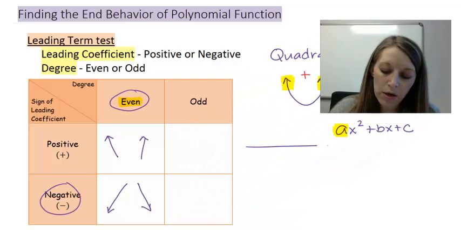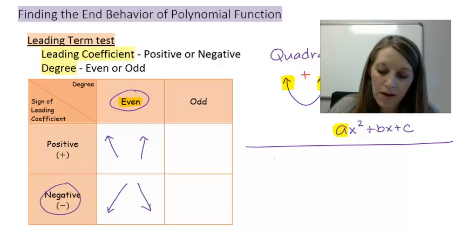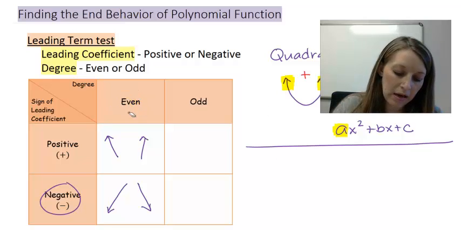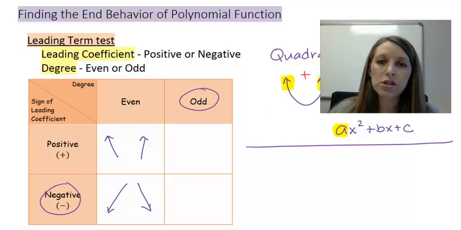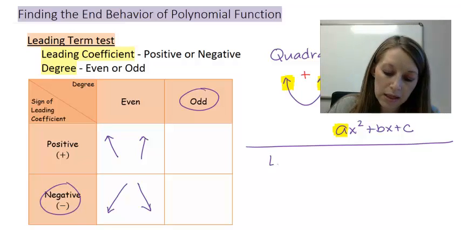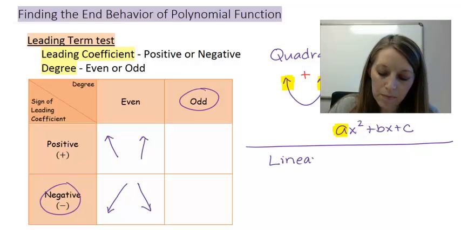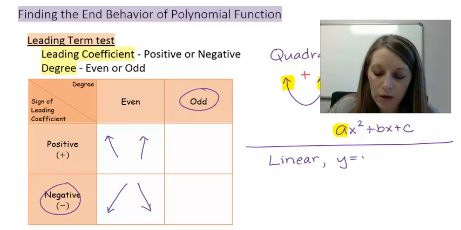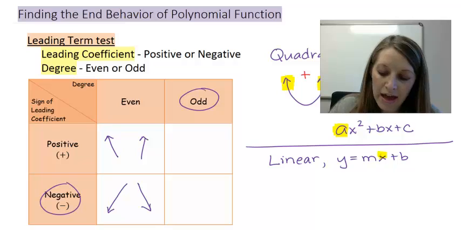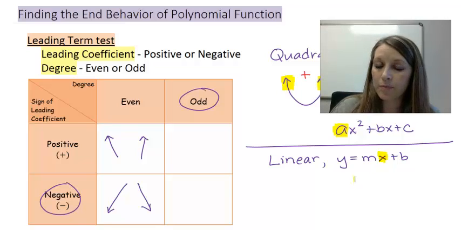Now let's fill in what we know about odds. Well, if I want to focus on an odd polynomial, let's go to the one that we already know. A linear polynomial has the equation y equals mx plus b, where the power of x is 1, or it's odd.